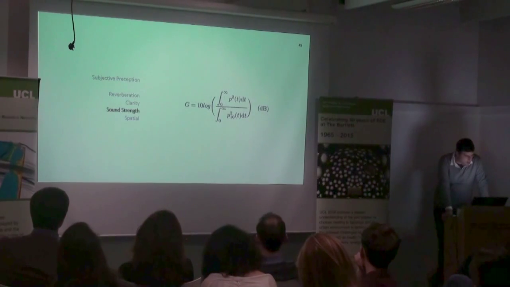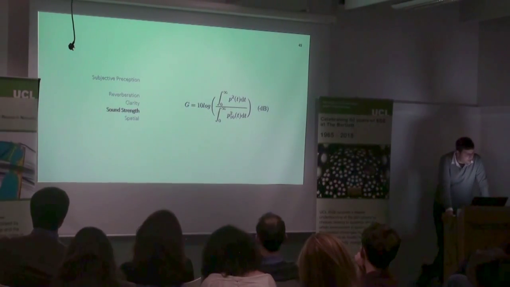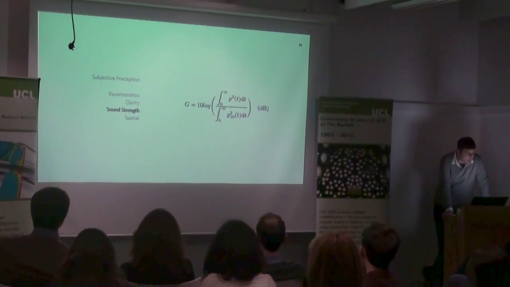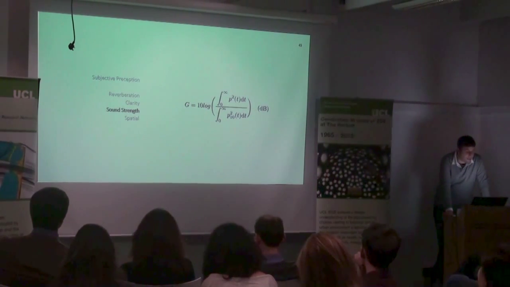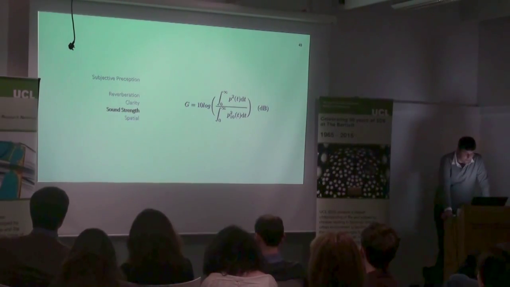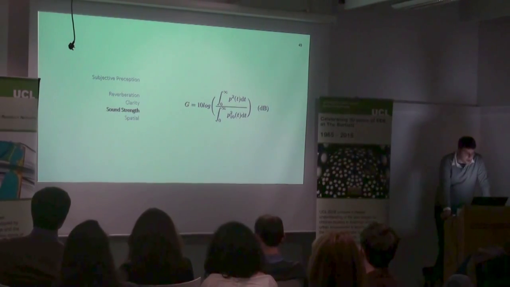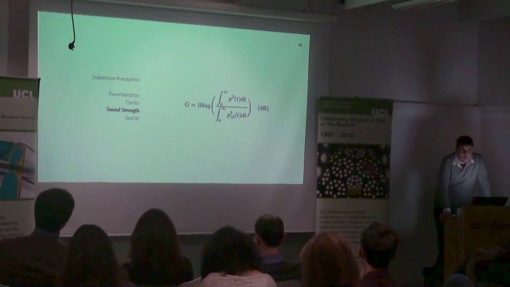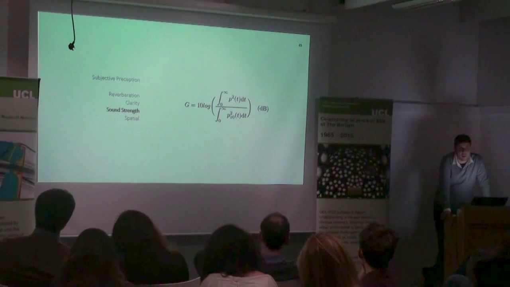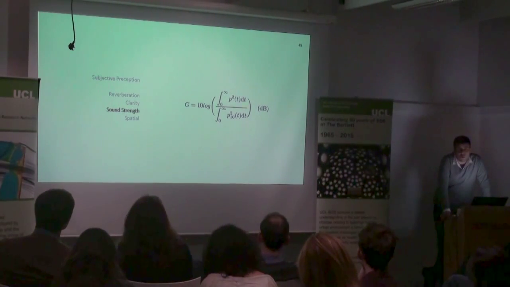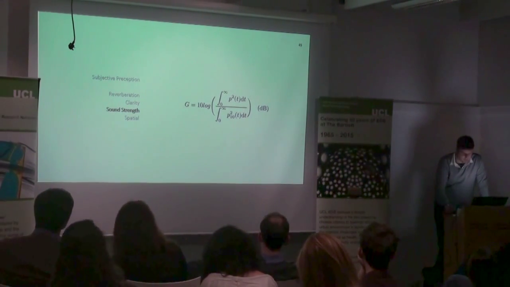Sound strength is of course G, which is also called relative strength. So it's the comparison of the entire sound pressure from 0 to infinity at the point of measurement compared to the same sound source at 10 meters in open space.